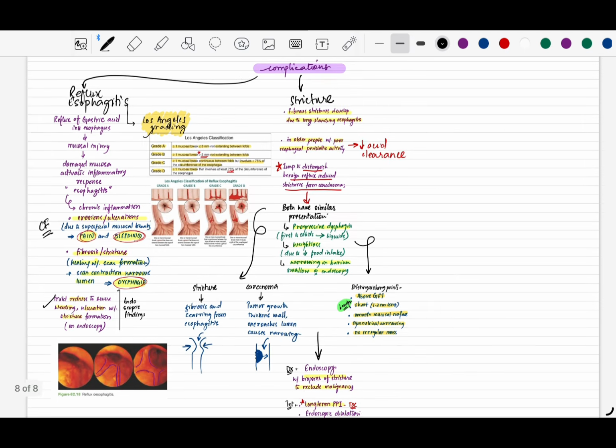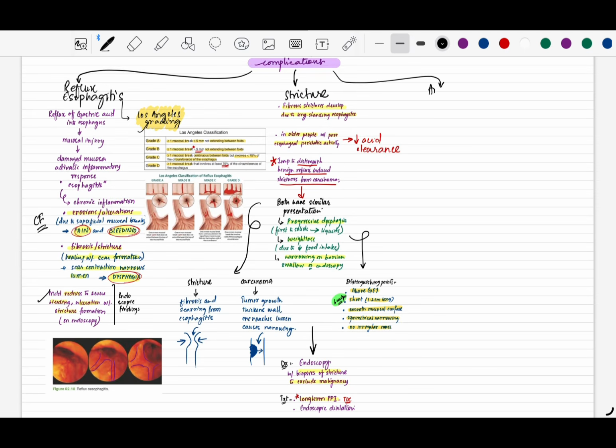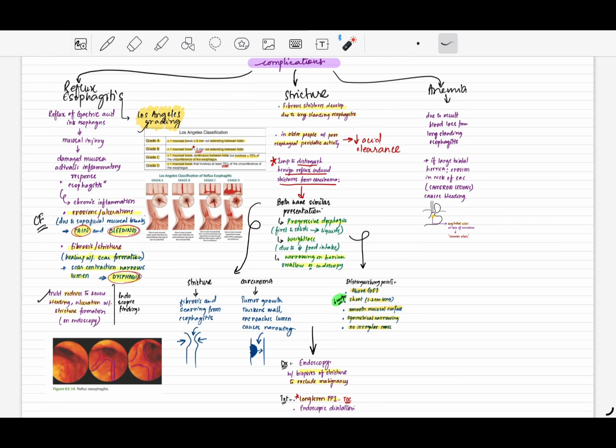The next complication that we are going to discuss is anemia. Anemia develops due to two major reasons. Reason number one is occult blood loss from long-standing esophagitis, like we discussed, where erosions and ulcerations occur. Occult means blood loss that is not visible to the human eye.